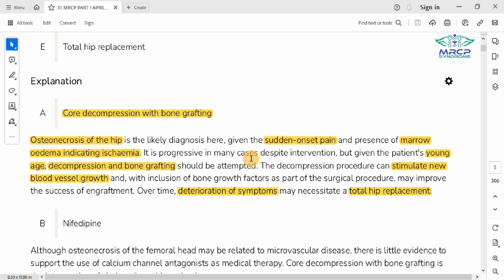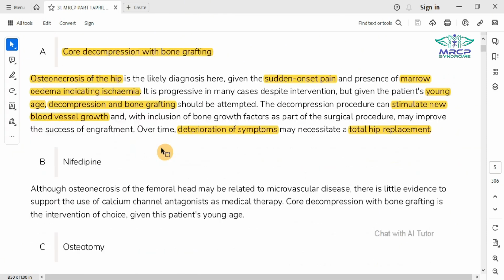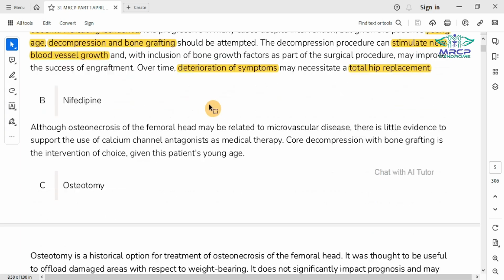It is progressive in many cases despite intervention, but given the patient's young age, decompression with bone grafting should be attempted. The decompression procedure can stimulate new blood vessel growth, and inclusion of bone growth factors as part of the surgical procedure may improve the success of the engraftment. Over time, deterioration of symptoms may necessitate a total hip replacement.